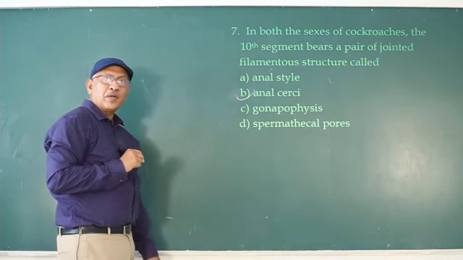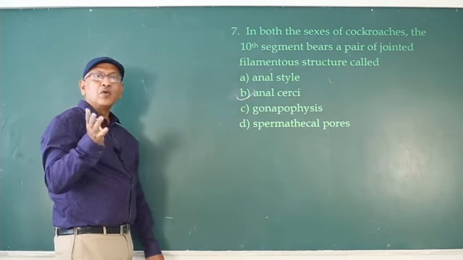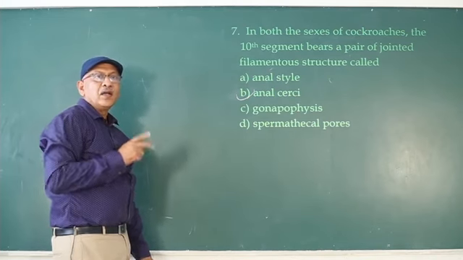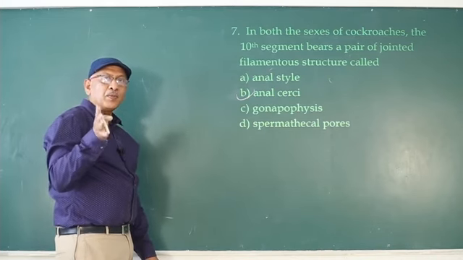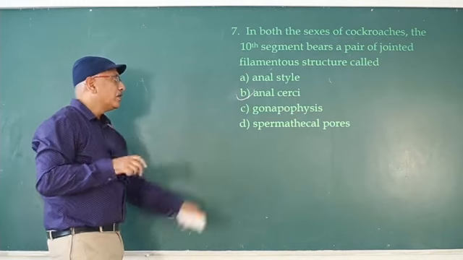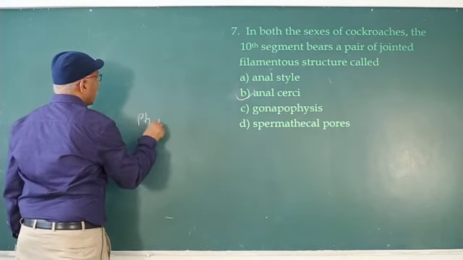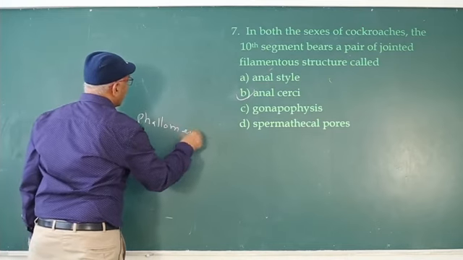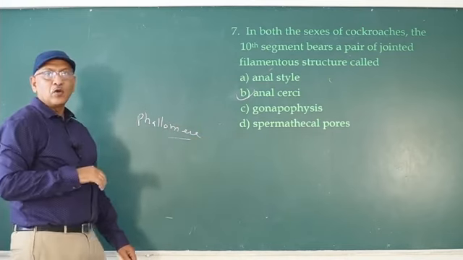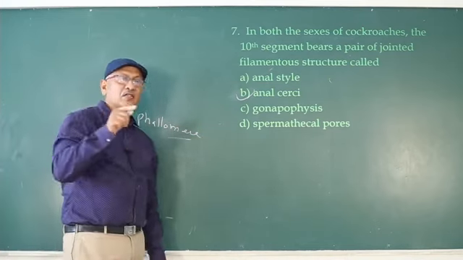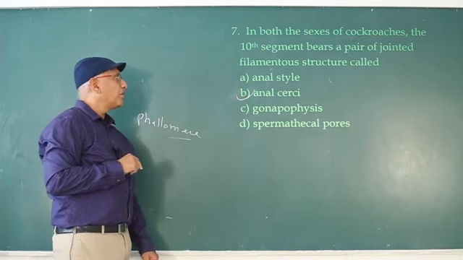They help in copulation. In male, 3 gonophyses are present. They are involved in copulation. Copulatory organ is penis. That's why in male, gonophyses are also known as phallomeres. In male, 3 phallomeres or 3 gonophyses. In female, 6 gonophyses are present.